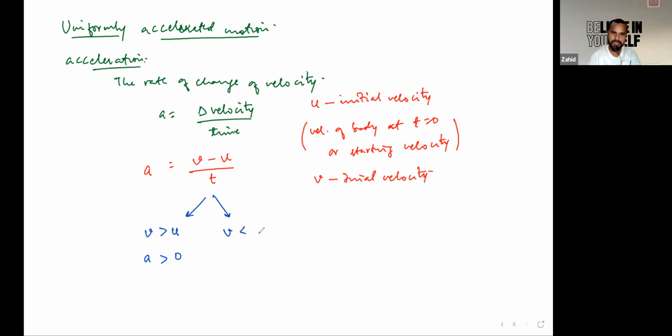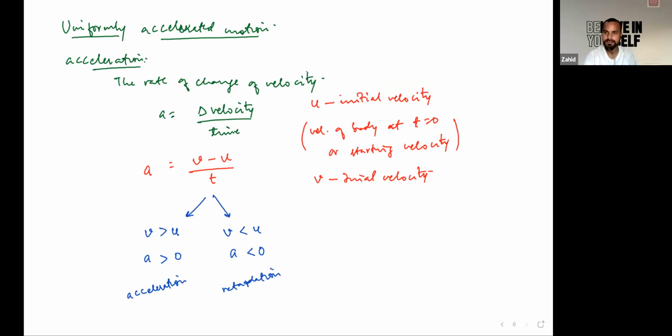If final velocity is less than initial velocity, you would get a as negative. For a positive, this is called acceleration. And if a is negative, this is called deceleration or retardation.